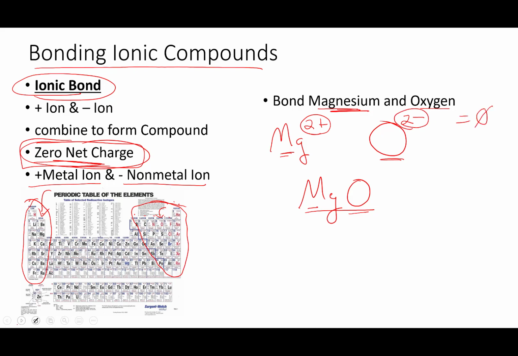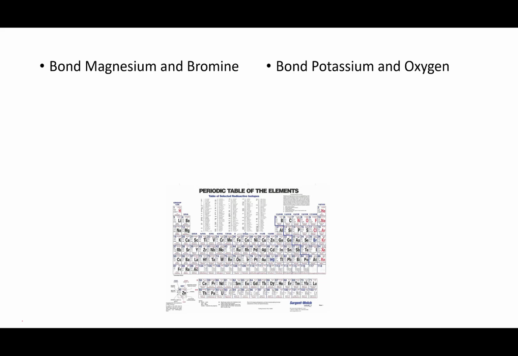So let's do another one. Let's say you were going to bond magnesium and bromine. Well, magnesium we just worked with has a most common ion of +2. Bromine is a halogen. Most common ion of the halogens is -1. And if you were going to chemically react those two, the goal, of course, is to have a net charge of the compound of 0.